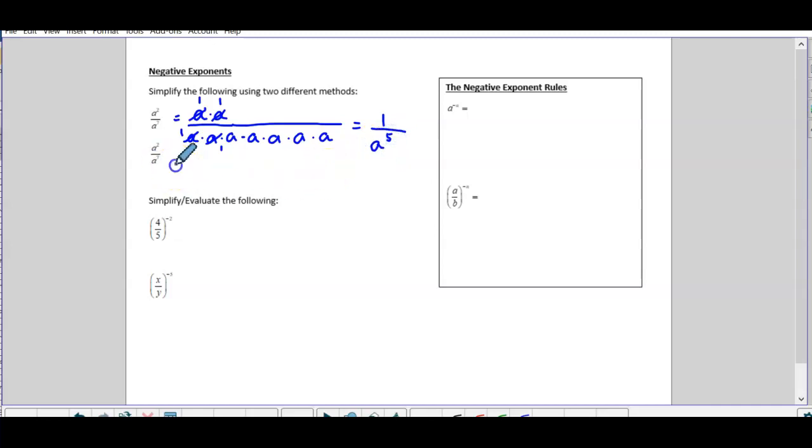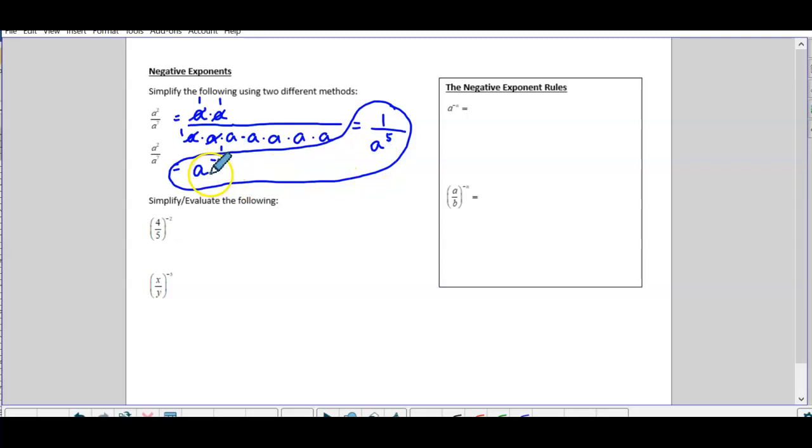Okay, another way is we can use the quotient rule where you subtract the exponents. So 2 minus 7 is negative 5. Okay, that means these are equal to each other. If you've done the exponent laws table, then we've already gone through this.